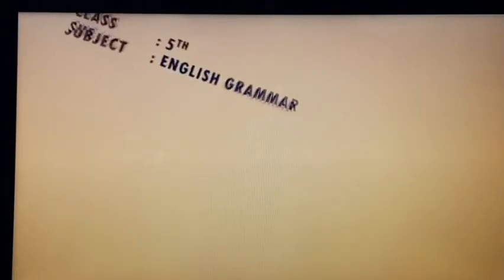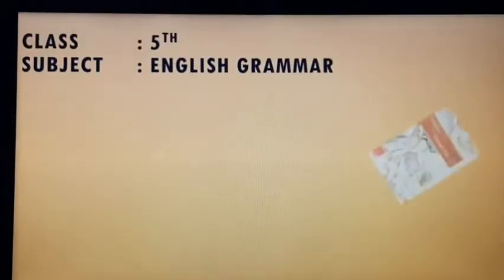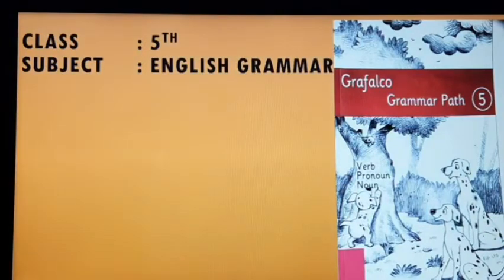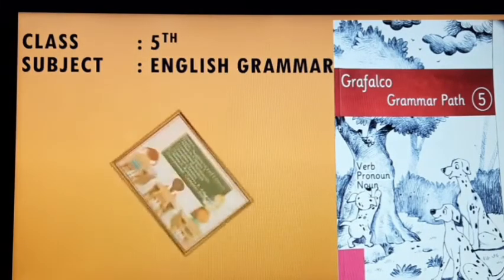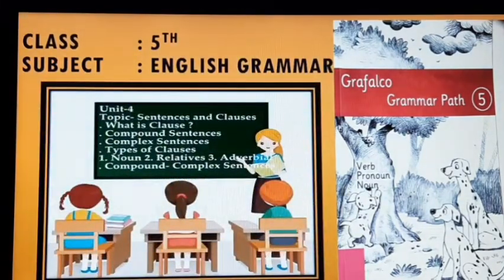This is Standard 5th subject English Grammar, and in this English Grammar today we are going to learn Unit 4, and the topic of Unit 4 is sentences and clauses.